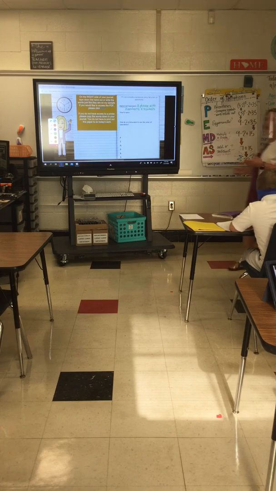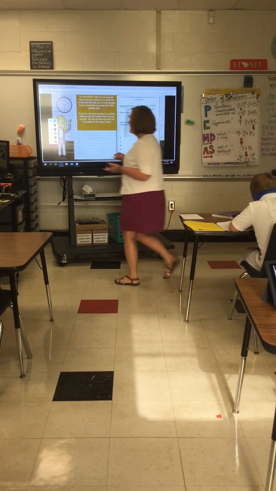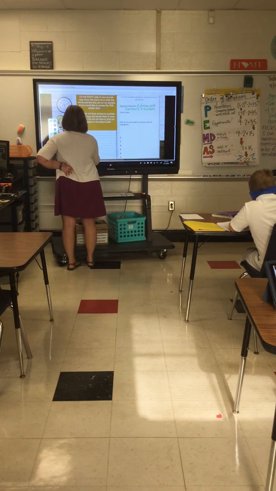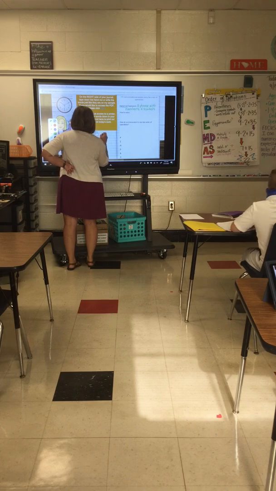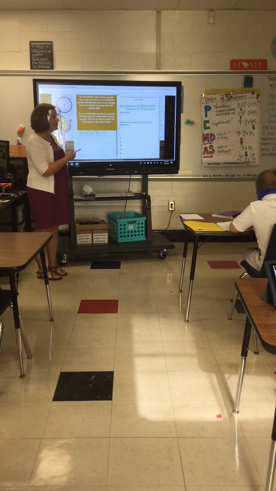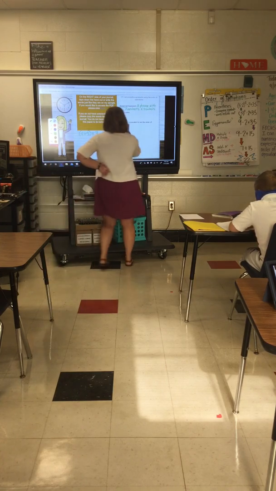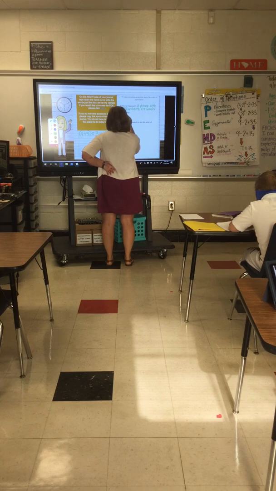So how do we solve a numerical expression? What do we do? So if I have this, can I just automatically get an answer here? What am I going to have to do? I'm going to have to do all the steps. So I'm going to have to simplify.